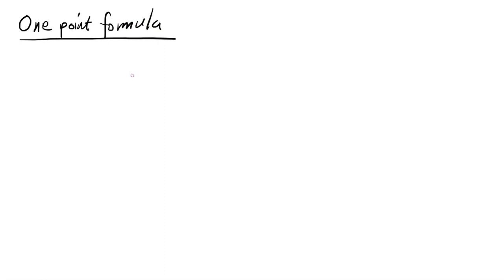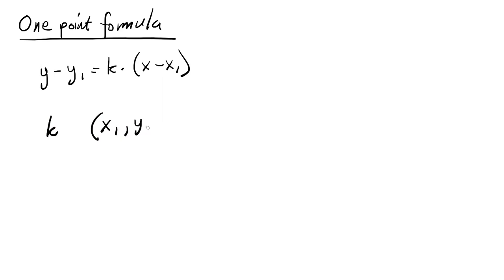So if we know the slope and any point on the line, we can figure out what the function is. You can also use what's called the one-point formula. And the one-point formula we can write like this. So if we know k and we know one point on the line, x1, y1, then we can figure out the function using this formula. For example, in the case we just had, k was 4 and the point was 3, 2.